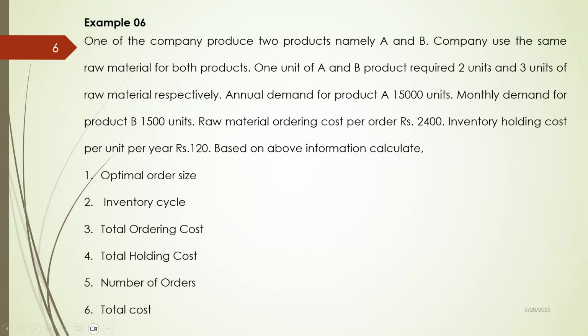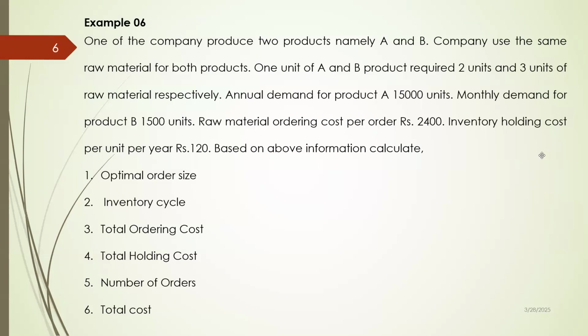One company produces two products, namely A and B. The company uses the same type of raw material for both products. One unit of A and one unit of B require 2 units and 3 units of raw material respectively. Annual demand for product A is 15,000 units.